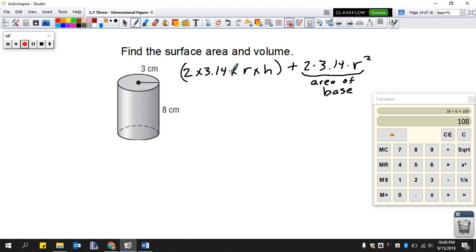All right. So plugging in the numbers, we're going to say 2 times 3.14 times the radius, which is 3, times the height, which is 8, plus 2 times 3.14 times the radius squared, 3 squared.